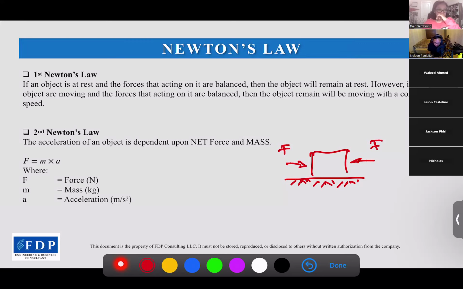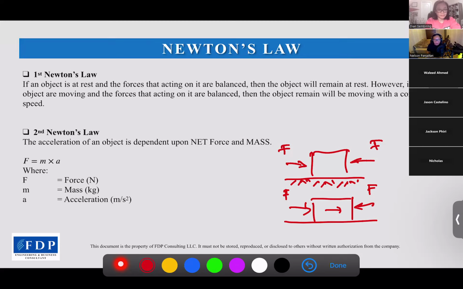It will not move because the forces acting on it are the same. In the same situation, if the object is moving with a constant speed, then it will remain moving with constant speed. So there is no acceleration acting on the object. That's the first Newton's law.